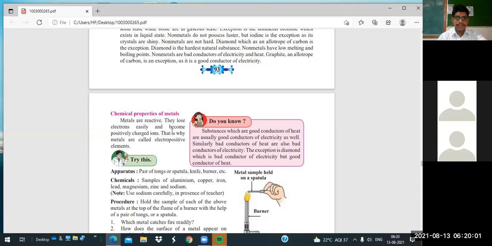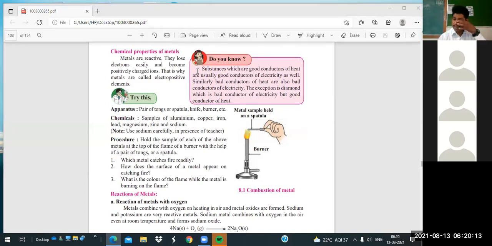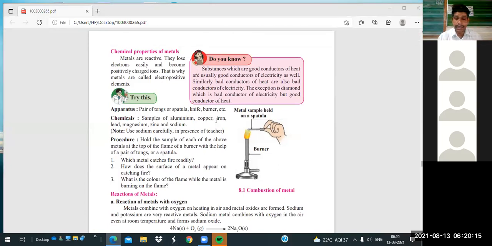Diamond. Yes, there are many examples. Non-metals, mostly, are bad conductors of electricity and heat. But most metals are good conductors of electricity.